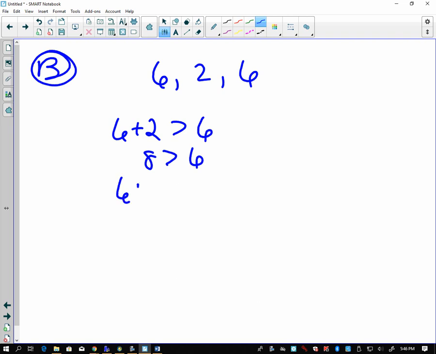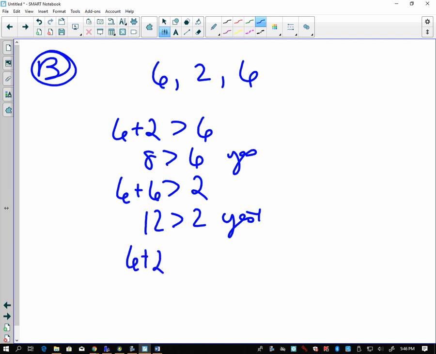Is 6 plus 6 greater than 2? Yes, 12 is greater than 2. And then we would have the other 6 and the other 2. So 6 plus 2, is that greater than 6? 8 is greater than 6. Yes. So my answer is yes, that can form a triangle.